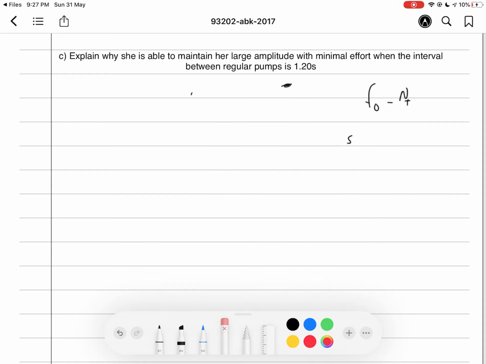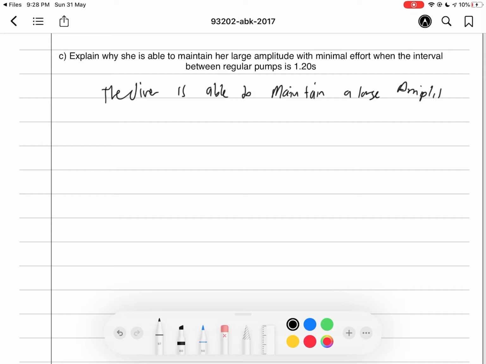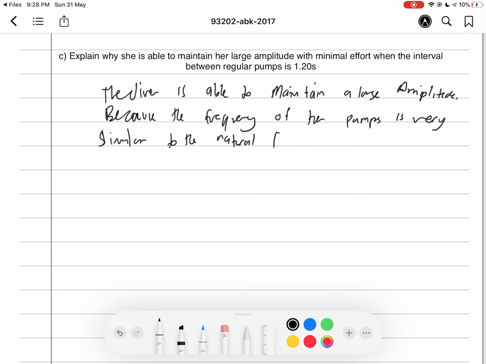So if we put this into words, we can say that the diver is able to maintain a large amplitude because the frequency of her pumps is very similar to the natural frequency of the system.